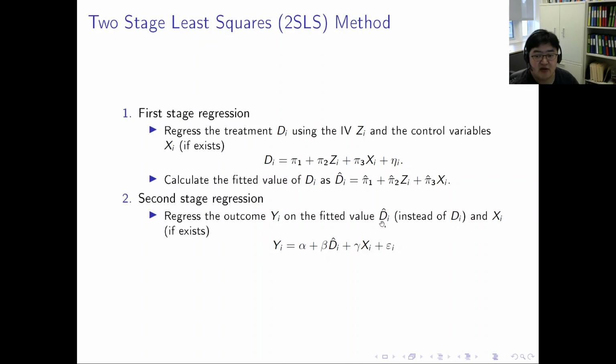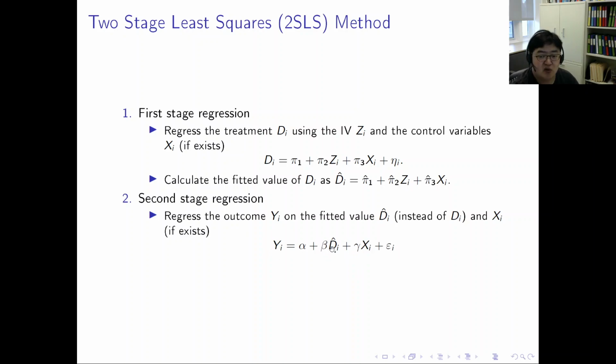This is what we call the fitted value. The fitted value does not include the unobserved ability, so this will resolve the endogeneity problem, right? Then in the second stage, we do the main regression.